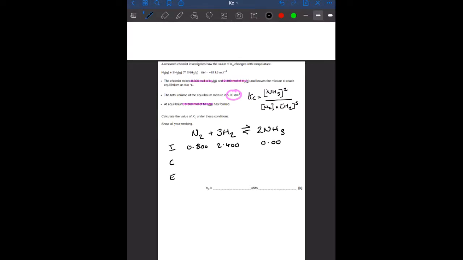So that's initial. That's when the reaction starts. We've got no ammonia, we've just got the reactants. At equilibrium, it tells us that we've got 0.360 moles of ammonia. So we've undergone a change of plus 0.36.